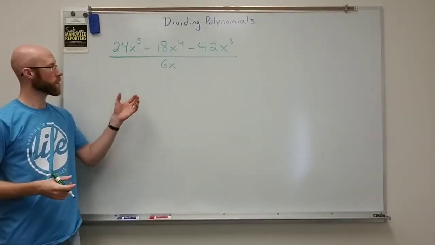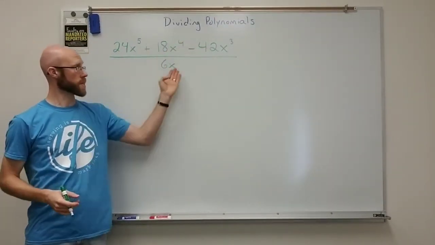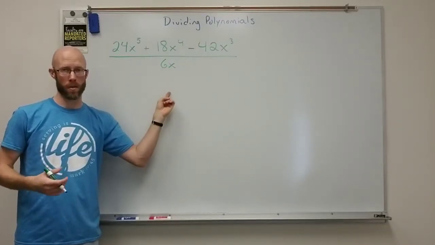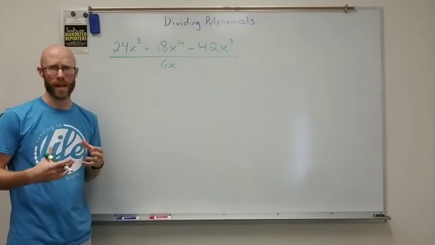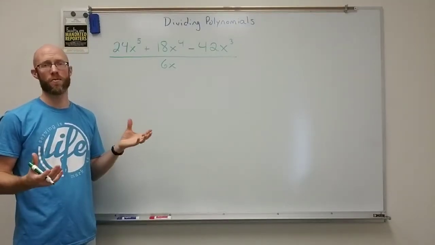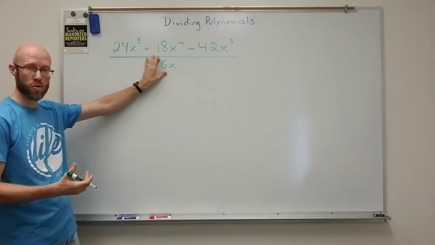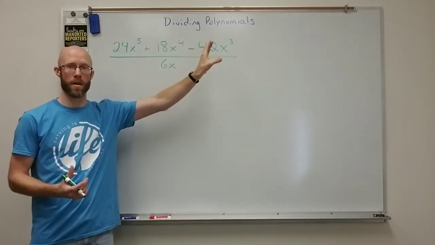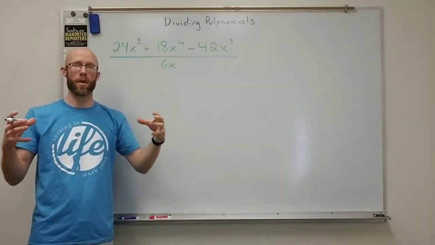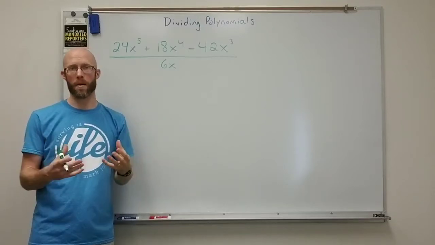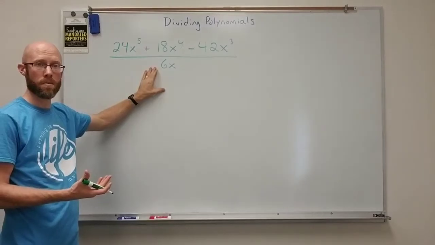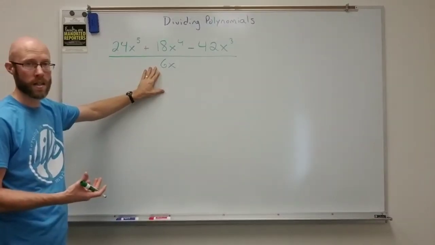So here I have 3 terms on top, 1 on the bottom. I'm dividing a trinomial by a monomial. But like I just said, it's no different than just distributing this monomial to each of the terms on top, essentially separating 3 fractions with a common denominator. And so that's the first step in simplifying or dividing this.